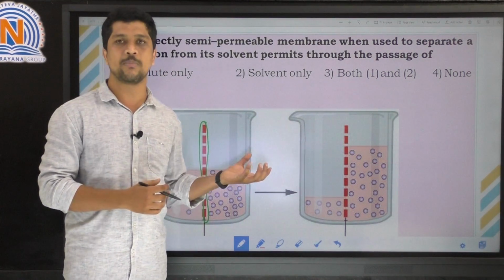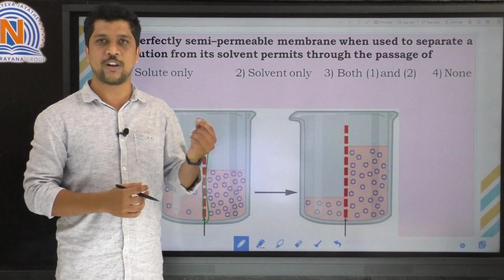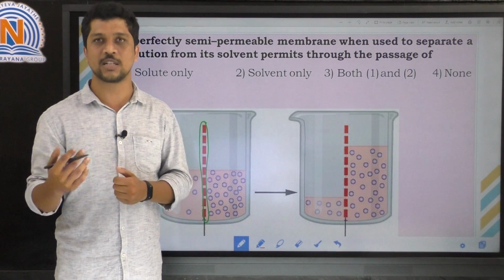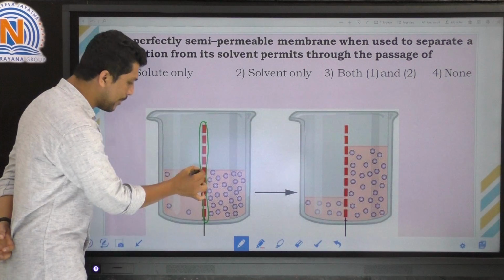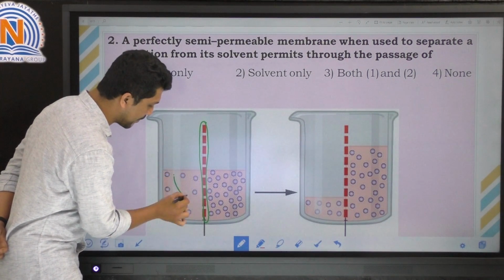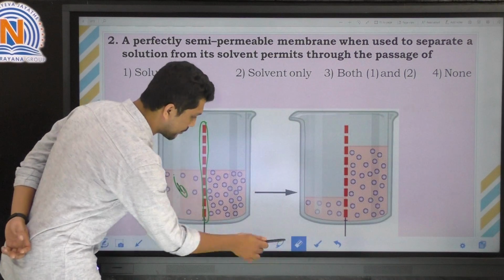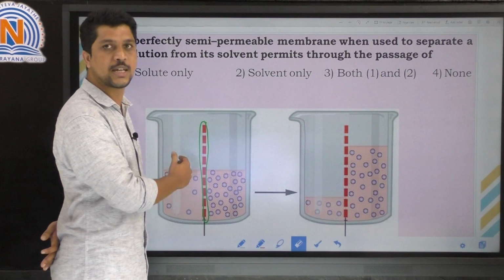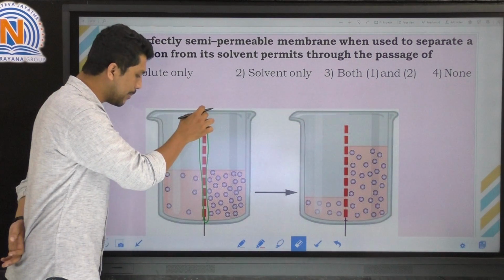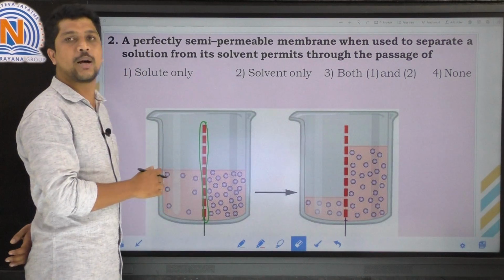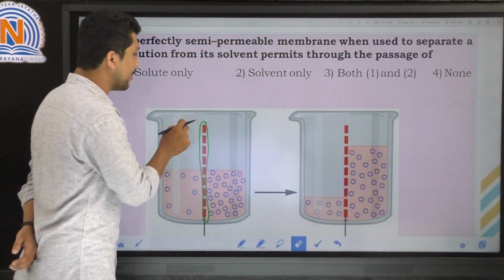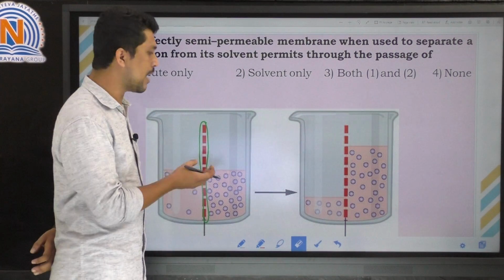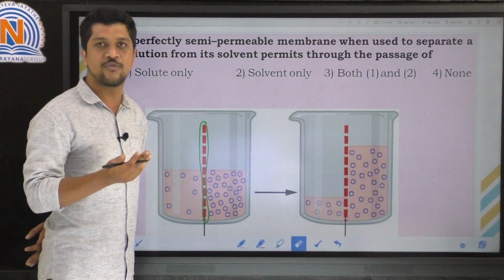Generally, a semi-permeable membrane is a thin sheet or thin film which allows the passage of solvent, not the solute particles. The solute particles won't move from one side to another. This membrane generally occurs naturally, as an animal or vegetable thin sheet or film, right?